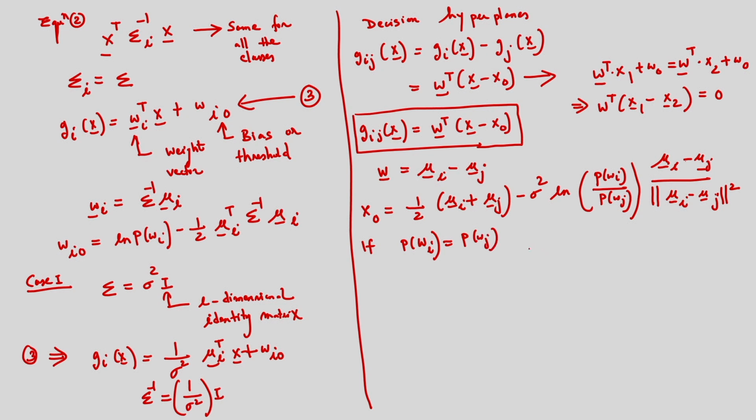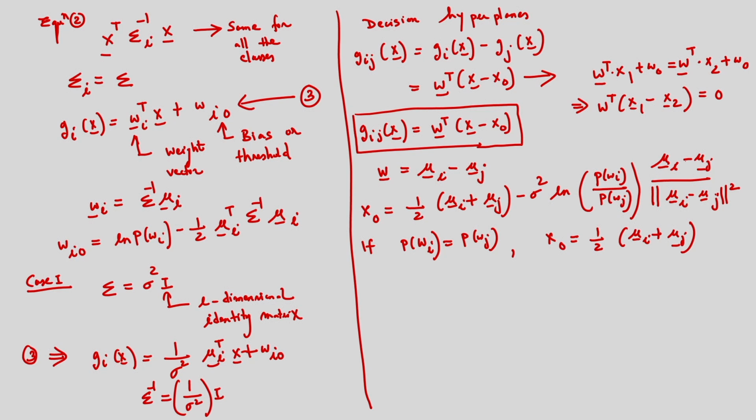then in this case, corresponding to this, the point x naught will be 1 by 2 mu I plus mu j. That means the hyperplane passes through the mean of mu I and mu j.